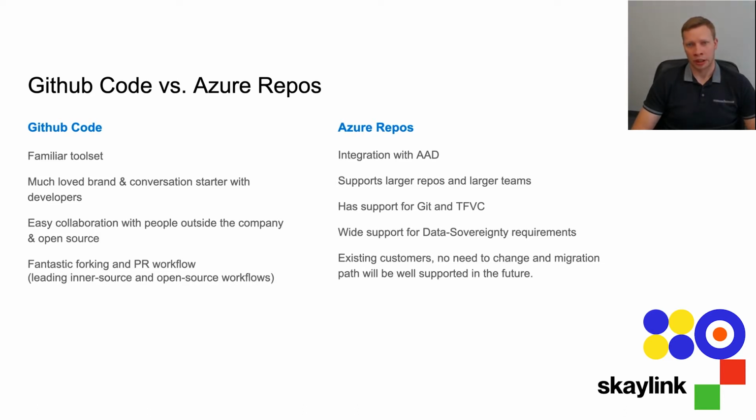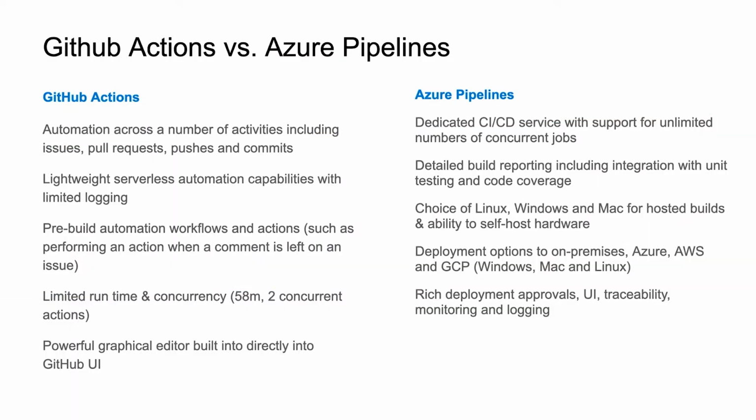But the main additional difference with Azure Repos is that if you have some kind of enterprise, you can integrate with Active Directory, and your users don't need to create additional separate accounts, as it will be integrated. And then finally, GitHub Actions is very similar to Azure Pipelines.